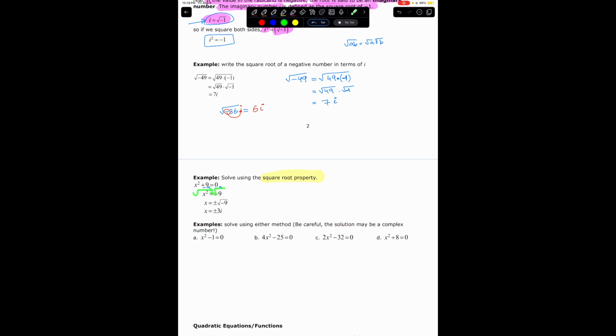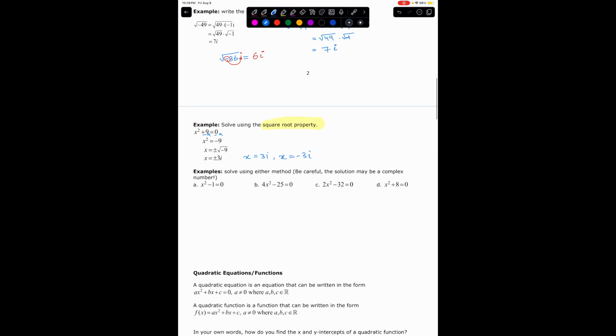Don't forget positive, negative here. So the left-hand side will be x equals positive or negative square root of -9. The negative will come out as i, and then the square root of 9 is 3, so the solution is going to be x equals positive or negative 3i. In other words, x equals 3i or x equals -3i.